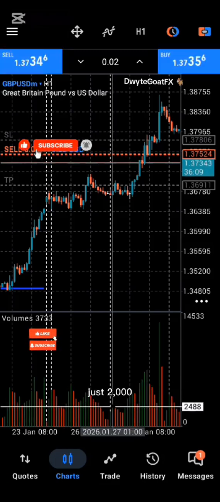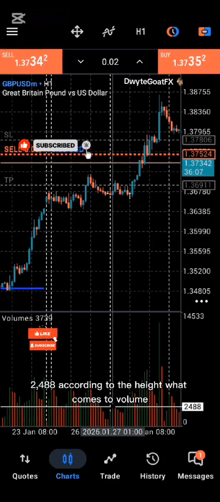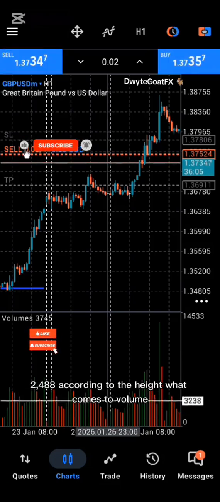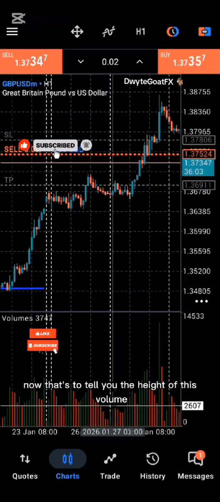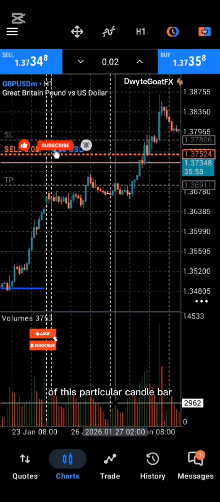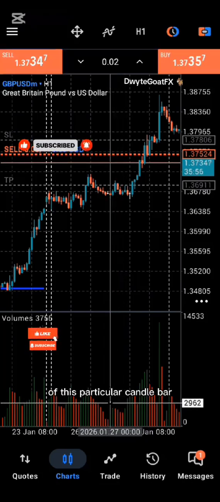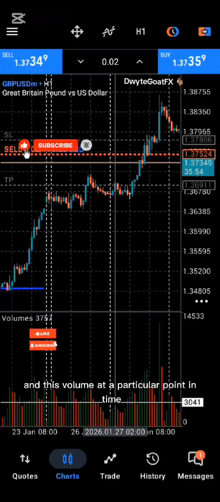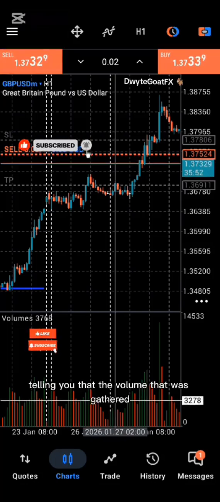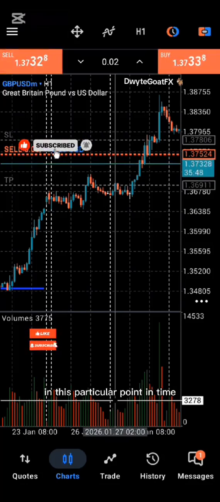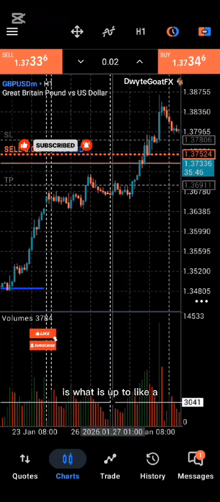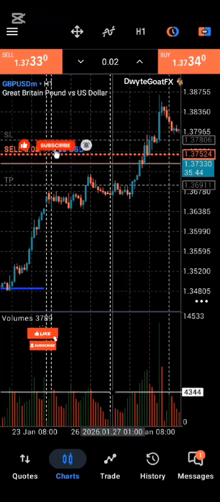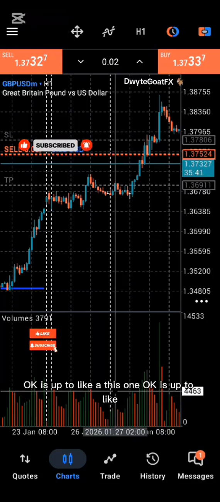It's just 2,488 according to the height when it comes to volume. That tells you the height of the volume of this particular candle bar at a particular point in time, telling you that the volume gathered at this point is up to like this one.